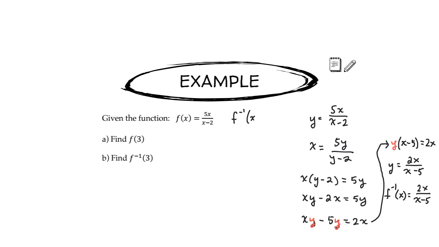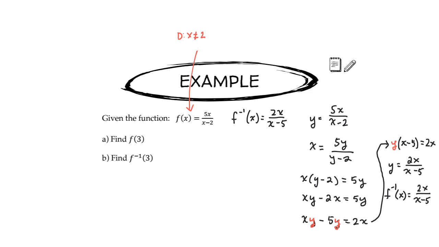I just want to point out why this is an excellent candidate for the inverse. One thing that an inverse does that we mentioned already is it switches the domain and range. When I look at my original function, f of x, I can quickly see that the domain does not allow x to equal 2, because if I plug 2 in, I'll get a divide by 0 error.